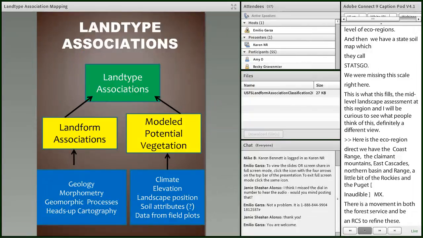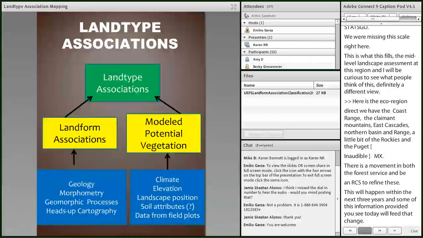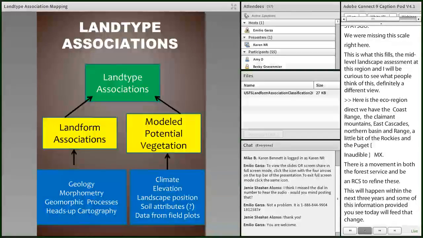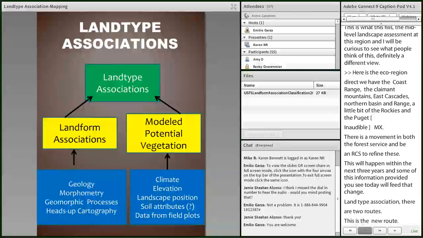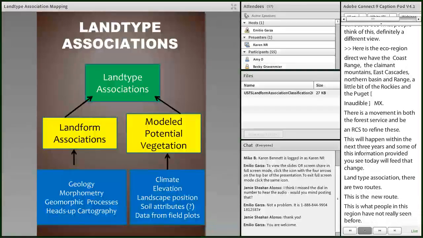So land type associations, we have 2 routes. So this is the new route, the landform associations. This is what people in this region have not really seen before. So this was an effort where we combined geology, morphometric measures, geomorphic processes, and heads-up cartography.